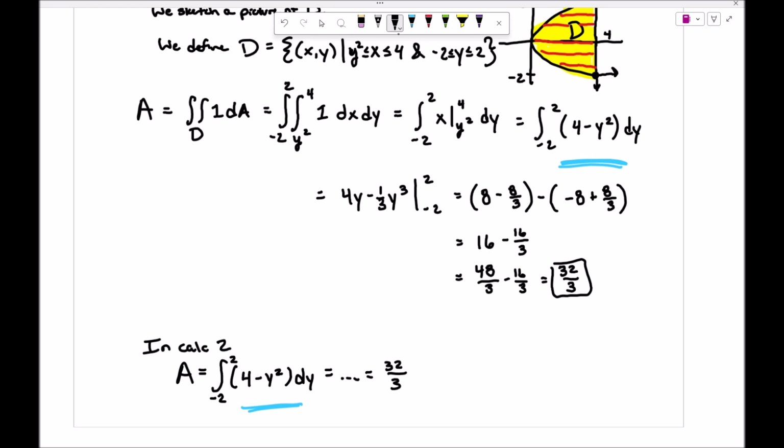And so we have a way to think about this using Calc 2 and a way to think about this using Calc 3 as well. So next time you're going back and looking at some old Calc 2 stuff, helping a student through Calc 2, or need the area of a region, you can note that there's actually two ways that we can think about doing it.